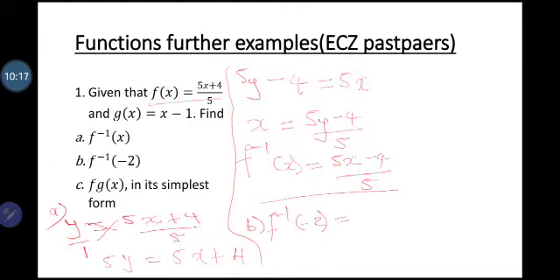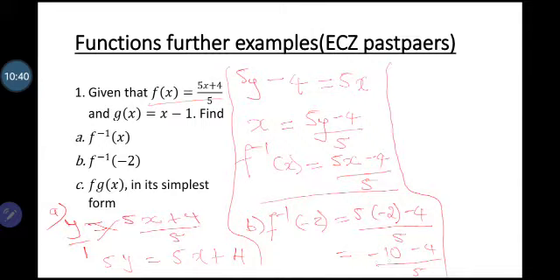So all we have to do now is replace x with negative 2. We're going to have 5 times negative 2 minus 4 over 5, and this will give us 5 times negative 2, it's negative 10, minus 4 over 5. Then we're going to have minus 10 minus 4 is minus 14 over 5.